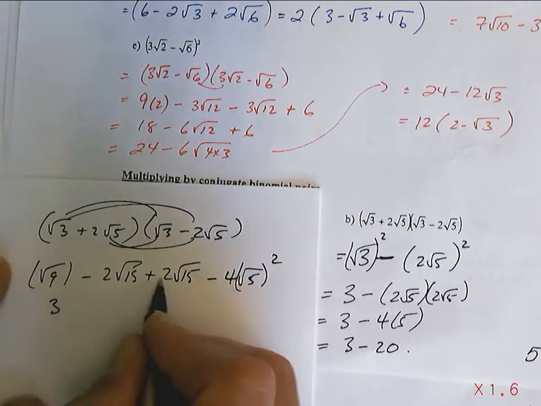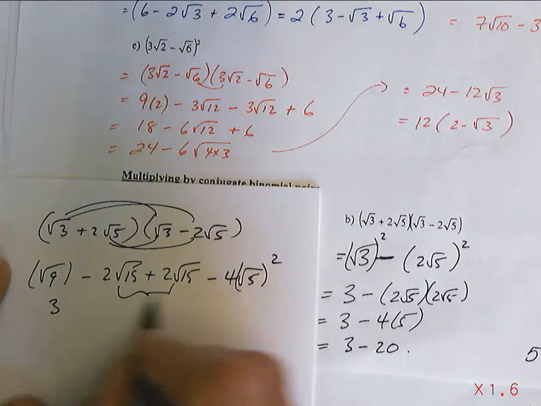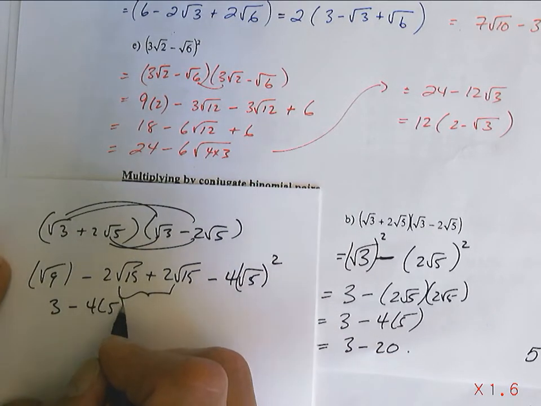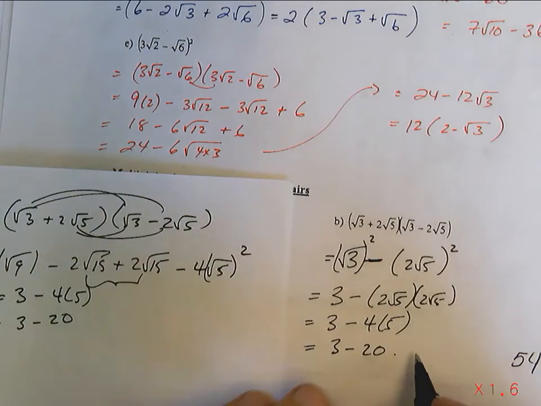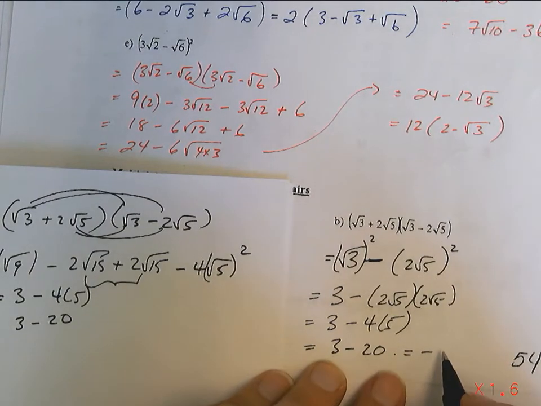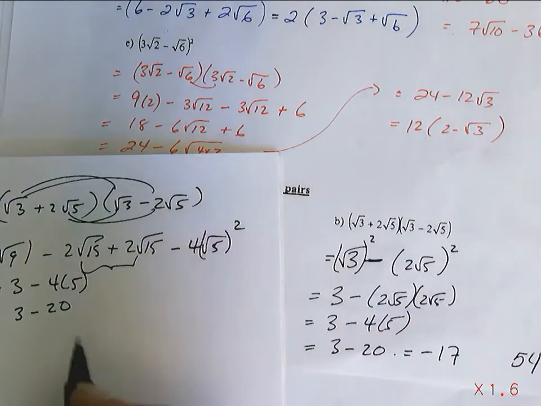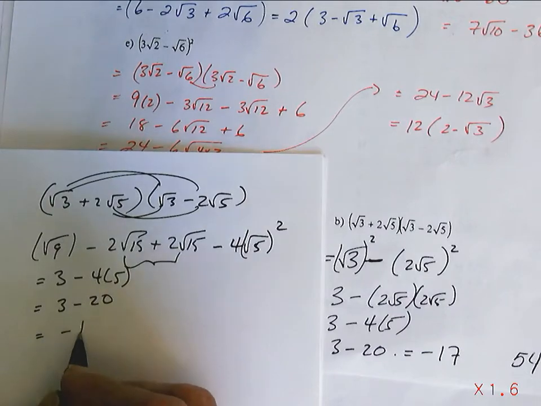That'll be 3. They cancel each other. That'll be 4 times 5. That'll be 3 minus 20. And I think that was the same answer I got before. It was. I just never made it negative 17. And this is negative 17.